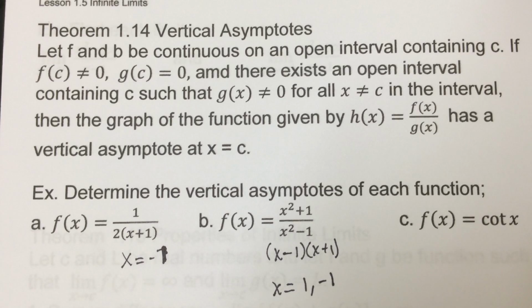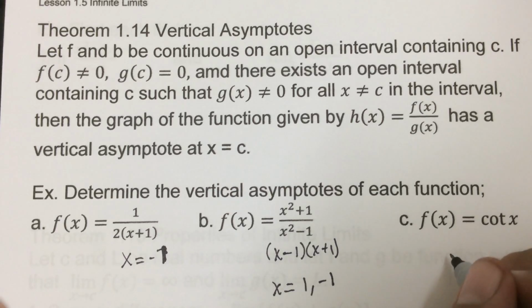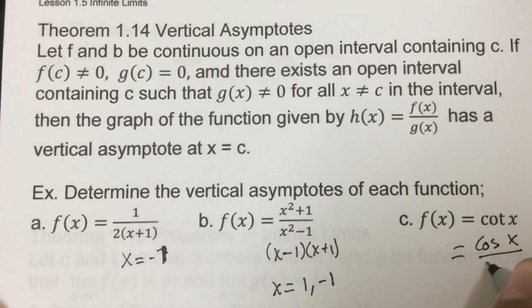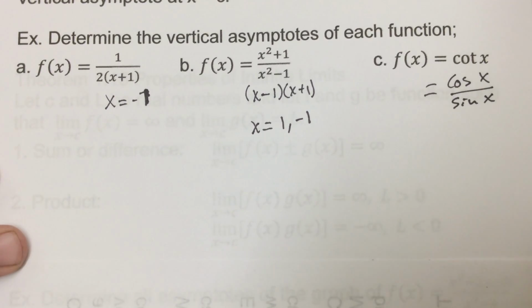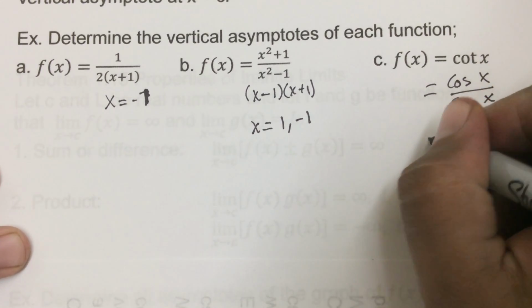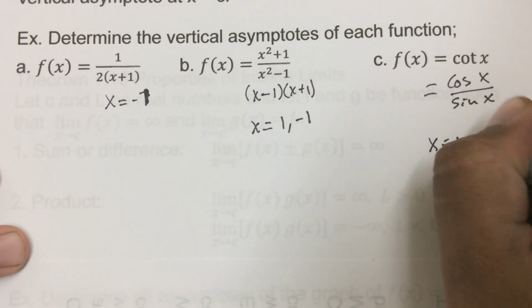Now with cotangent, cotangent's a little harder to do. If we write this as cosine of x over sine of x, we would look at where sine would equal 0. Well, sine is going to equal 0 when x equals any multiple of pi.